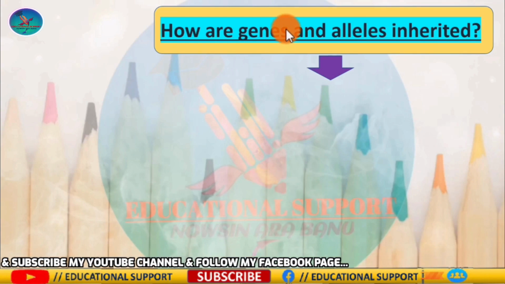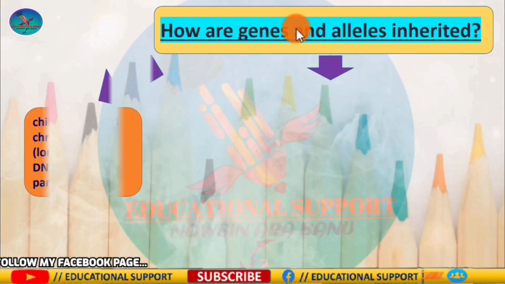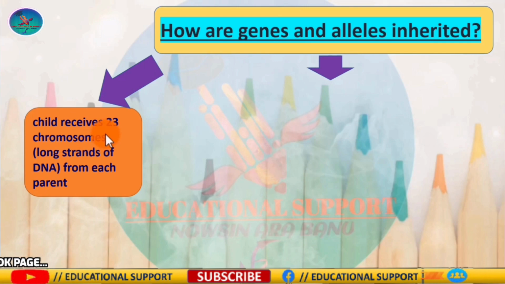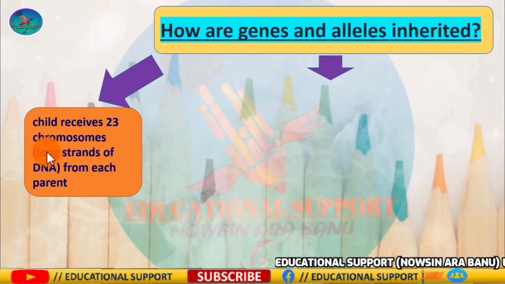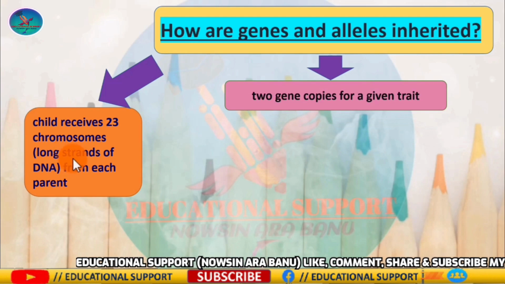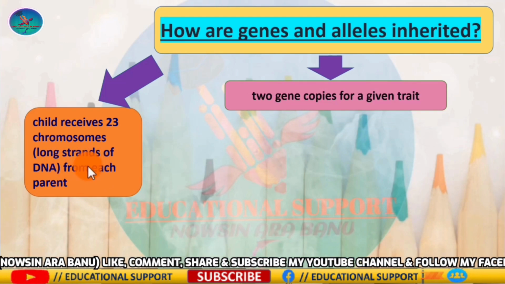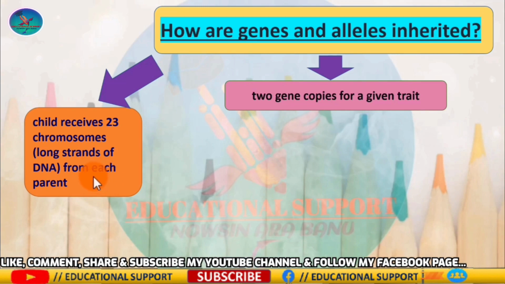When humans reproduce, the child receives 23 chromosomes from each parent. Each matching chromosome pair contains the same set of genes, with unique genes located at certain spots known as the gene locus.